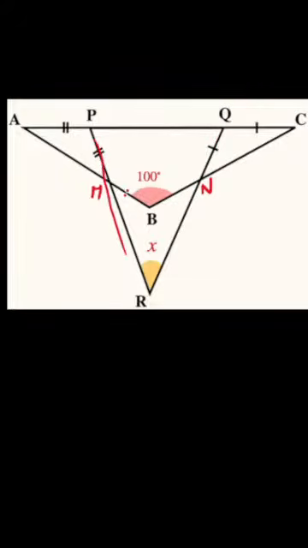This entire side length is not equal, that is not given. Now you can see that PM is equal to PA, this is given, and QN is equal to QC, this is also given. We need to solve for the x.